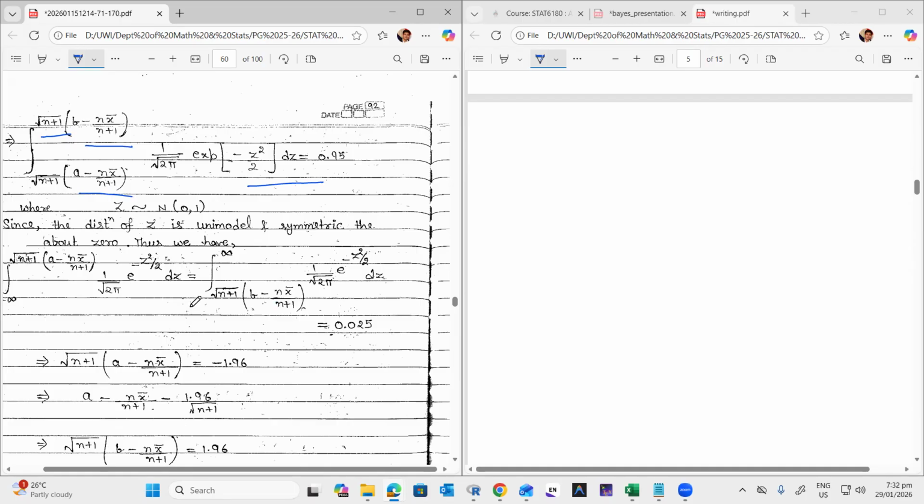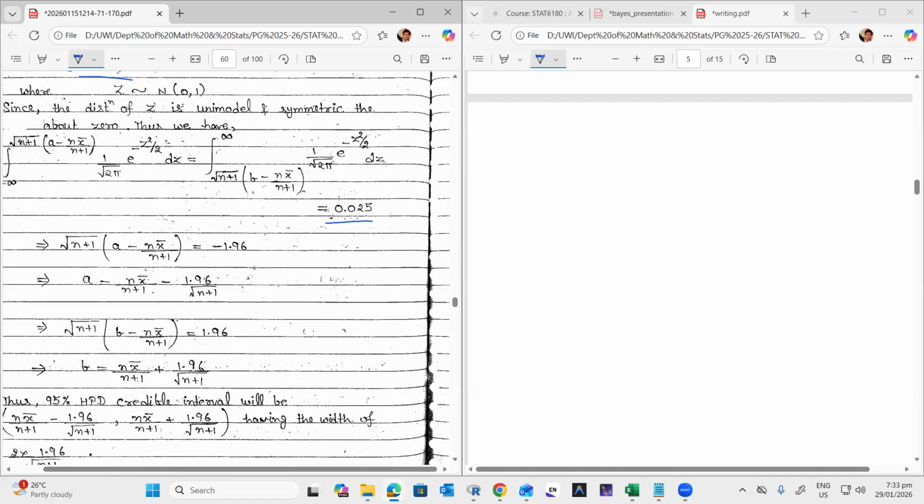So similar to the previous question, we can write it as the integral from minus infinity to root n plus 1 times (a minus nx bar divided by n plus 1) of 1 upon root 2 pi e raised to the power minus z square by 2 dz, equal to the integral from root n plus 1 times (b minus nx bar divided by n plus 1) up to infinity of the same density, that is 0.025. So we will compute it, with limits equal to minus 1.96 and 1.96.